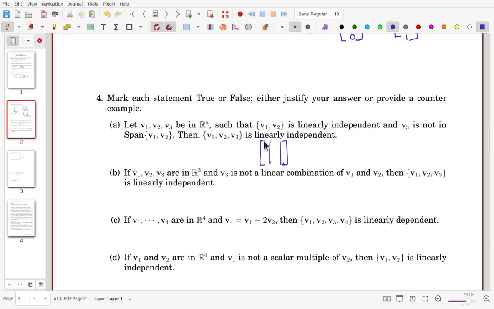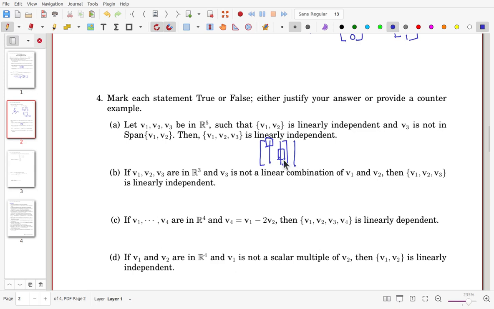two columns like that, V1 and V2, then these two are linearly independent, means that if you consider this as a matrix, then this matrix has two pivots. Here, one pivot and another pivot is here. Now, V3 is not in span V1, V2, which means that if you consider the augmented matrix with V3, then it has no solution.